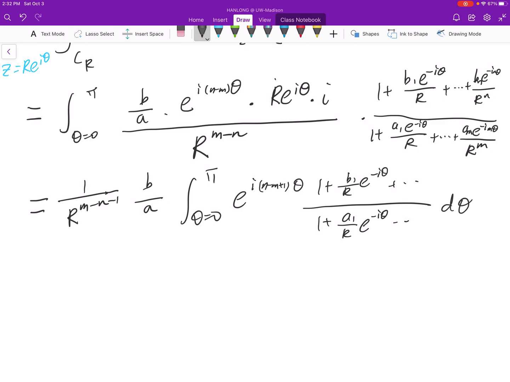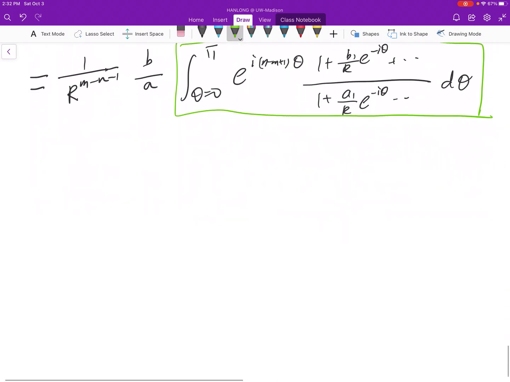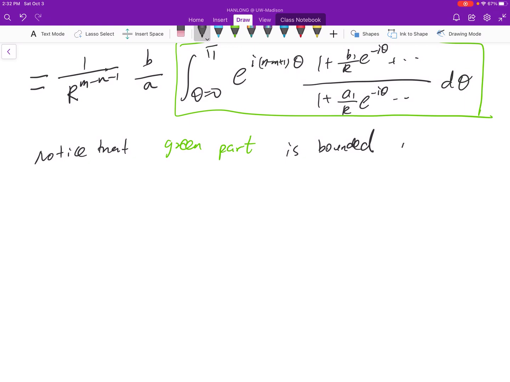d theta, and then we need to bound the integral, but note that the green part is bounded when r is large enough.